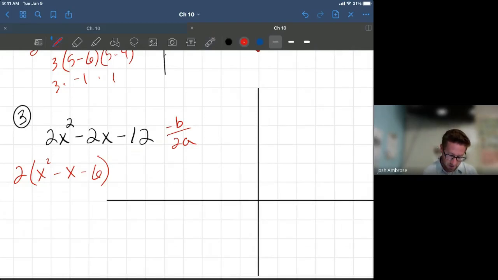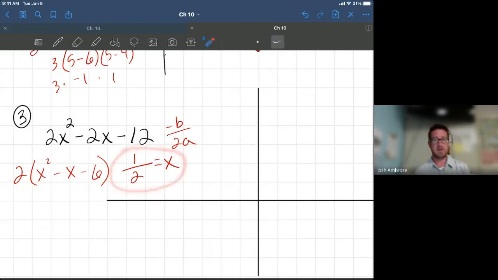If b is 1, then we're looking at +1 over 2 multiplied by a. Well, a is just a 1. So 2 times 1 is just going to give me a 2. So that value, x is 1/2, is the axis of symmetry.